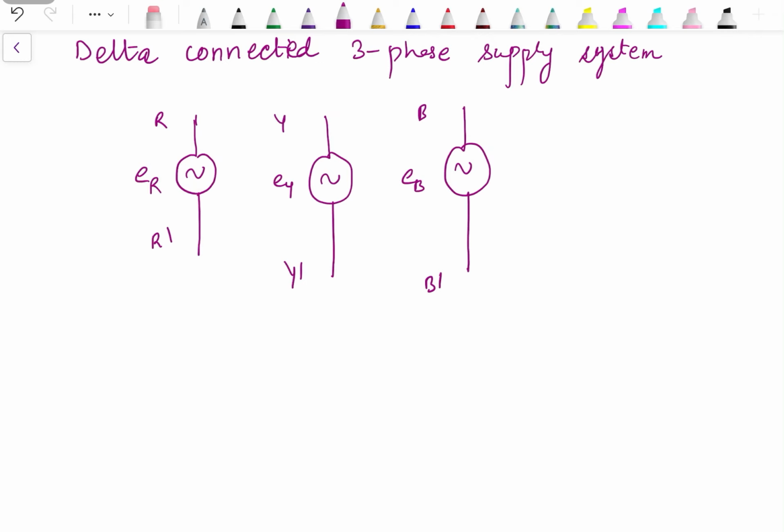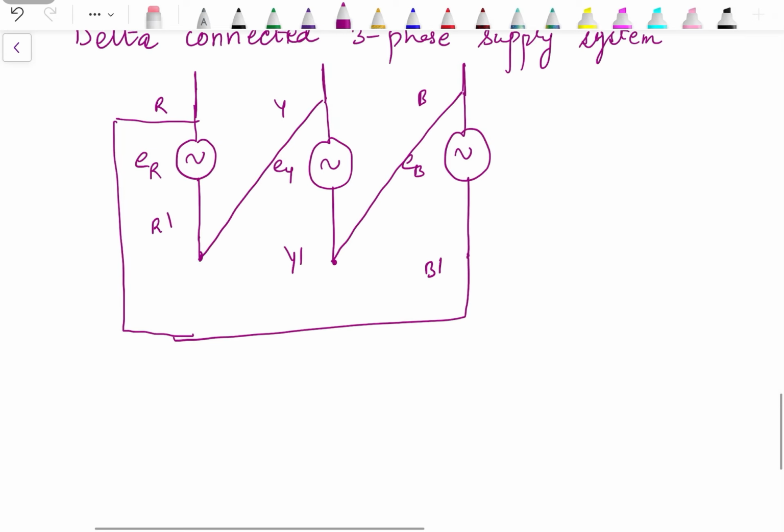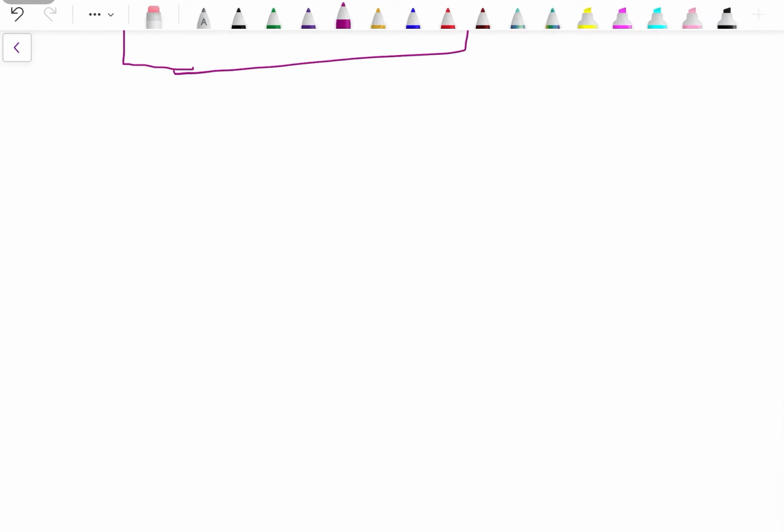Now how are the delta connections done? The finishing end of the first is connected with the starting end of the second, the finishing end of the second is connected with the starting end of the third. Like R dash is connected with Y, Y dash is connected with B, and B dash is connected with R, and we have three terminals available, R, Y, and B. If we redraw the system, that will give us a clearer picture, which will look like a delta.